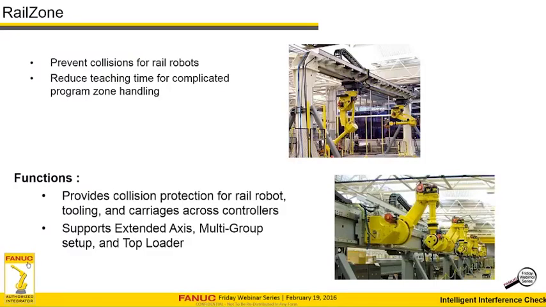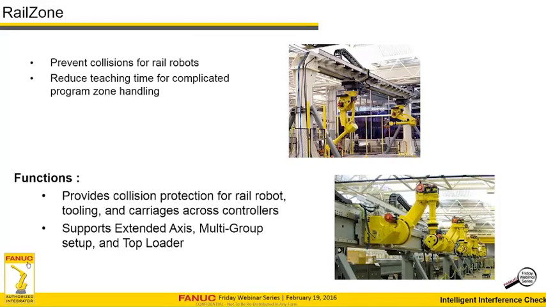A lot of times when you're programming two robots on the same rail, it's very difficult to come up with a reliable method to keep the robots from hitting each other, especially if they're both servicing the same areas. So it really provides protections for rail robots.